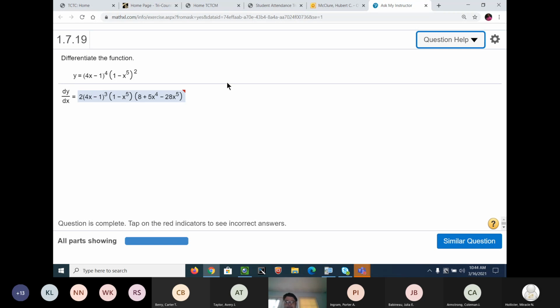Y prime is equal to negative 10x to the 4th times (4x minus 1) to the 4th times (1 minus x to the 5th), plus 16 times (4x minus 1) to the 3rd times (1 minus x to the 5th) squared. All right.